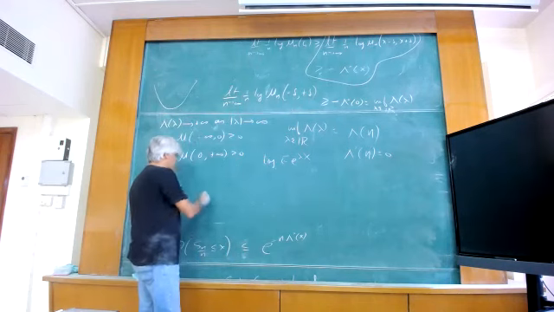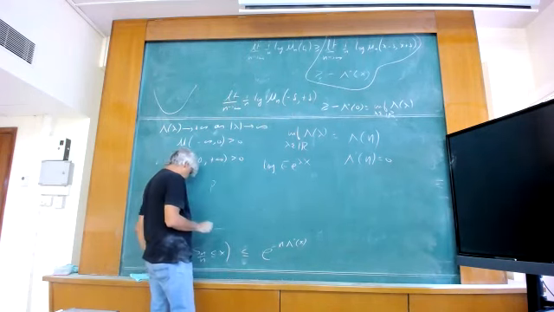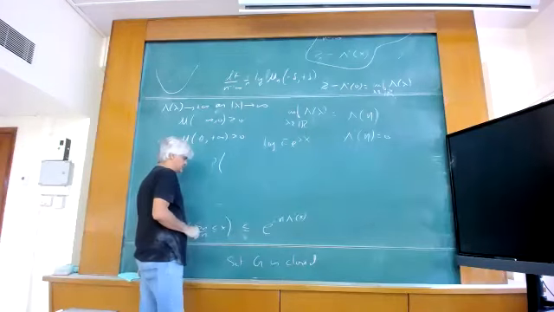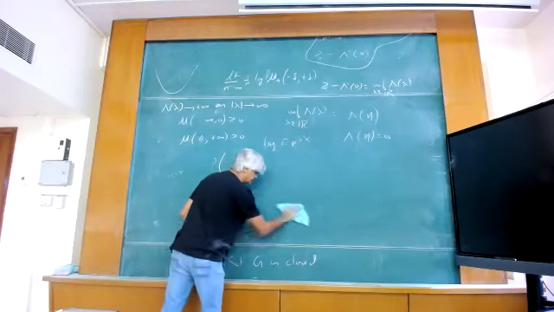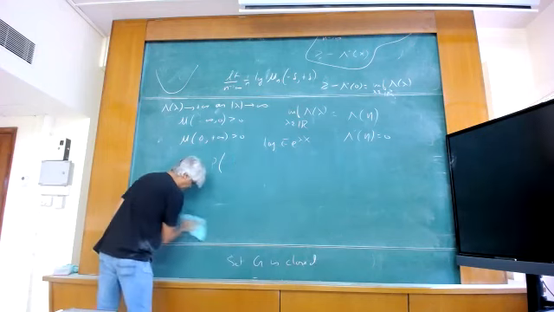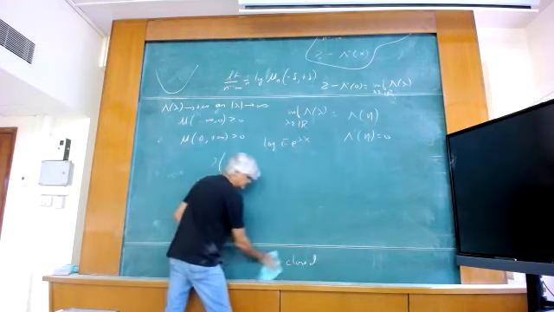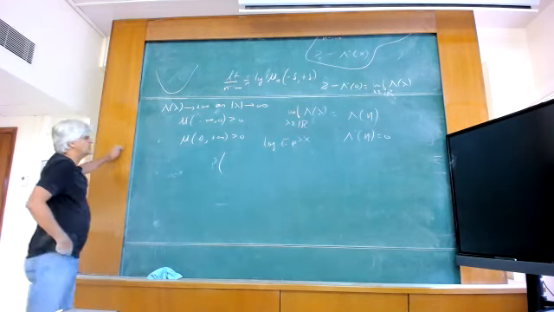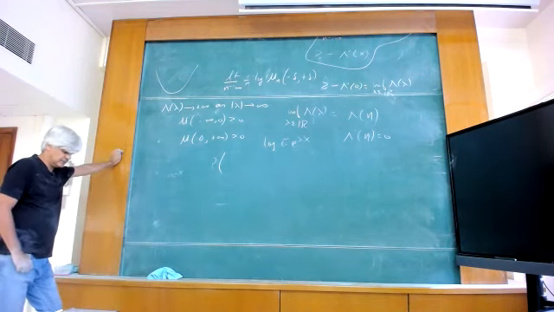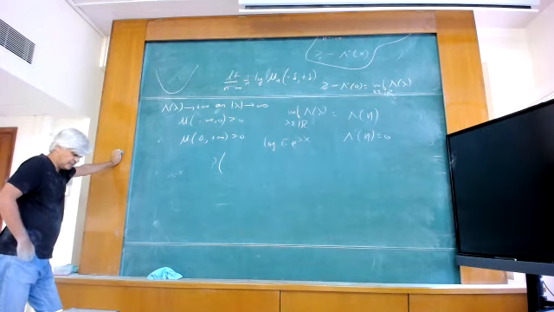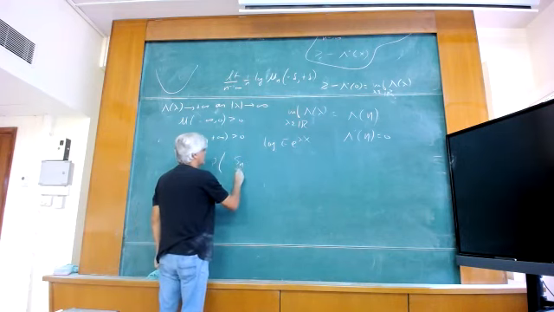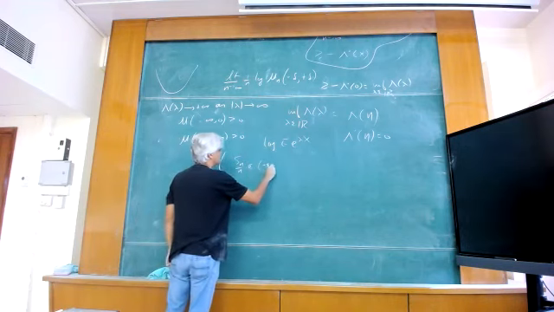So what I'll do is I'll look at this probability, that Sn by n is within epsilon.